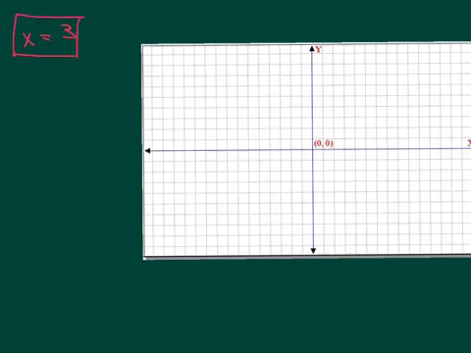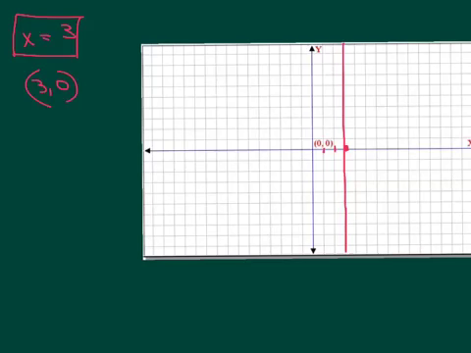So where is x equals 3? 1, 2, 3. What point is that? That's 3, 0. Am I given a y value? No. So that means my y can be anything I want as long as my x is 3. So whenever you have something like x equals a number, that number is going to be a vertical line at that point. X equals 3.